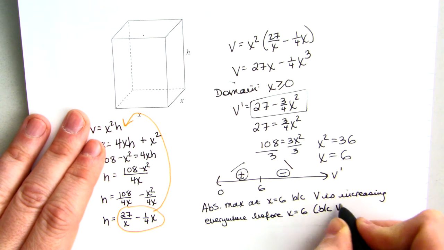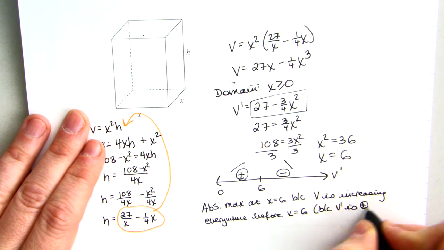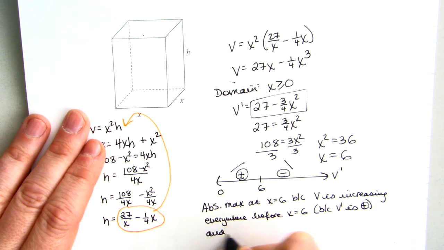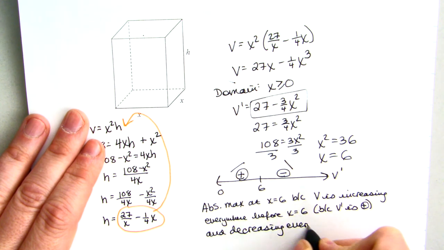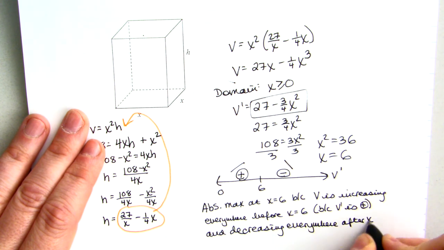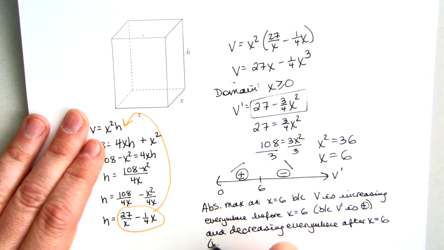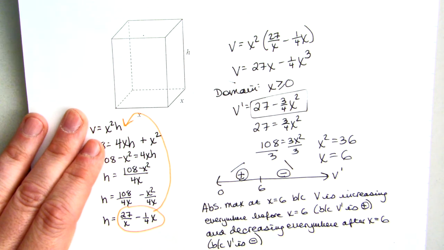Why? Because v prime is positive, and decreasing everywhere after x equals 6, because v prime is negative.